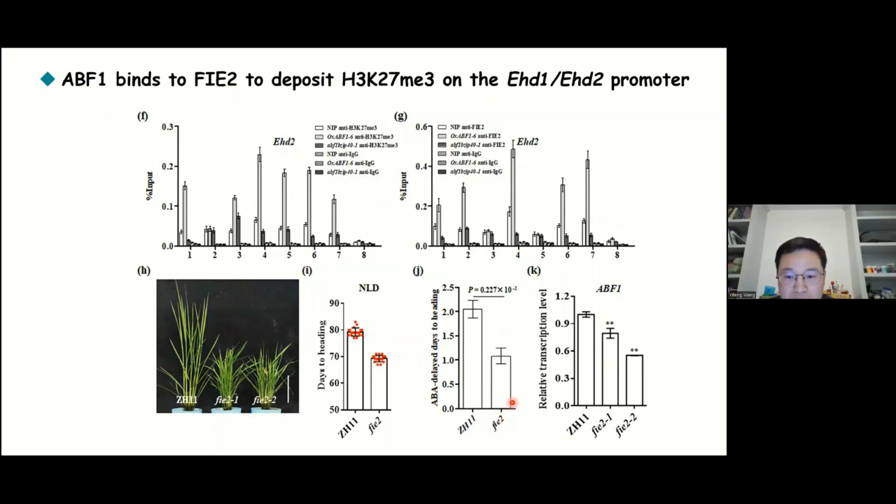And application of ABA can significantly delay FIE2 flowering, but at a less severe level than the wild type. Additionally, the ABF1 expression level is significantly downregulated in the FIE2 mutant compared with the wild type. We can see the mutant also showed severe agronomic trait defects.